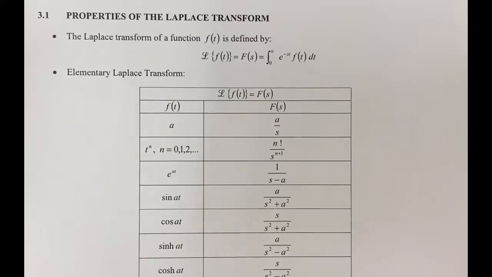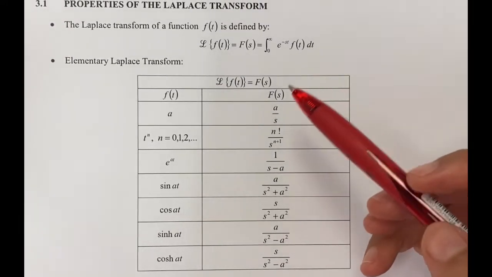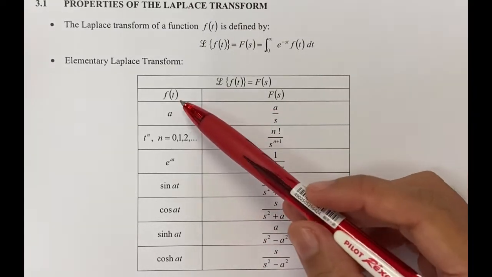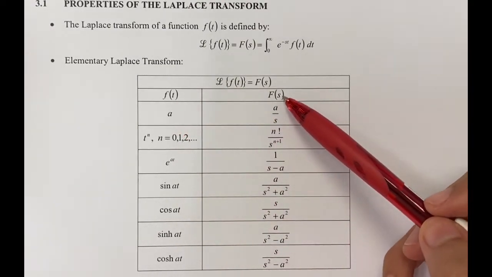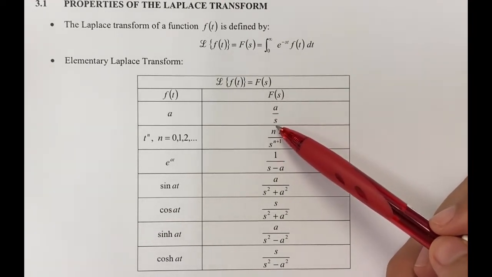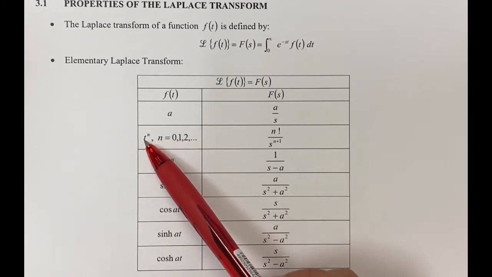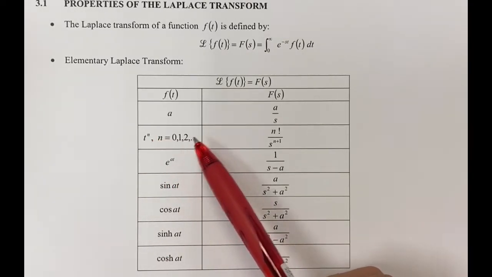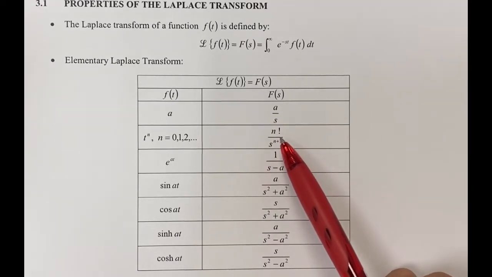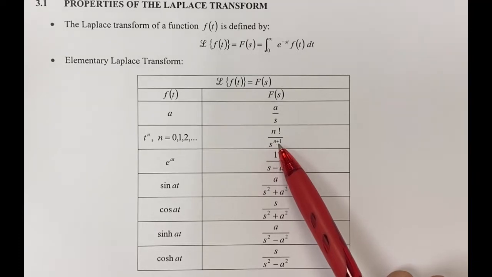And we have a table for Laplace transform. We have 7 functions here, f(t). If f(t) equals a, and a is constant, we have F(s) in the form of a over s. If we have a polynomial, t to the power of n, we have n factorial divided by s to the power of n plus 1.